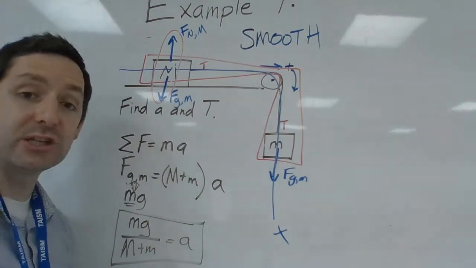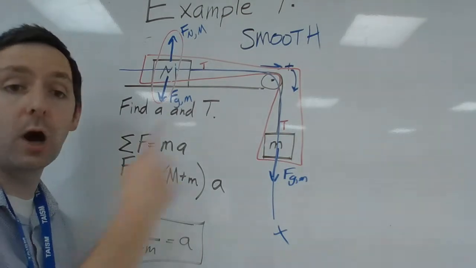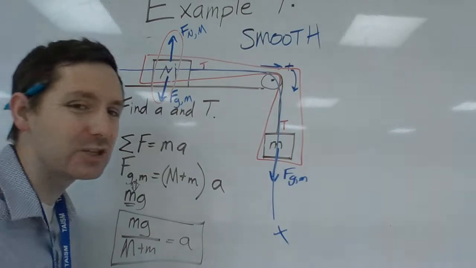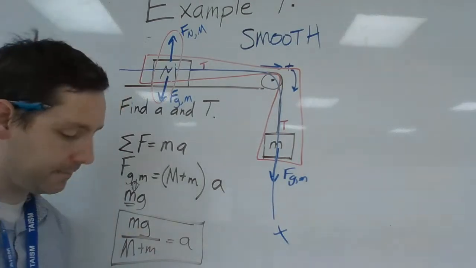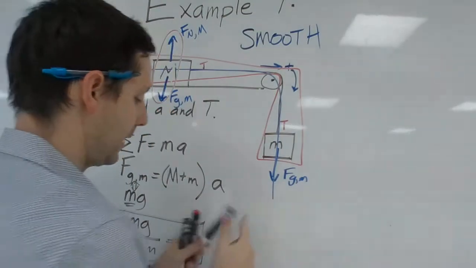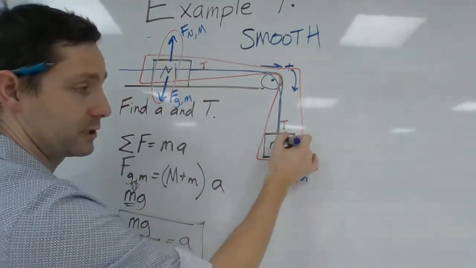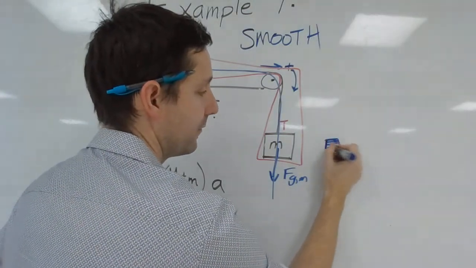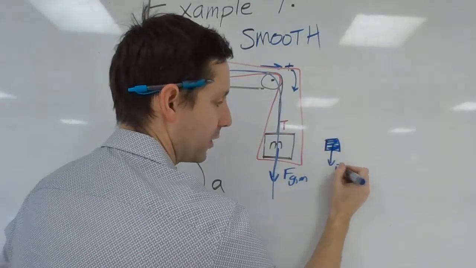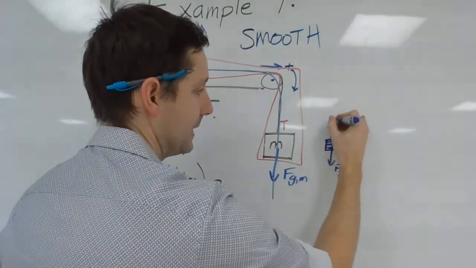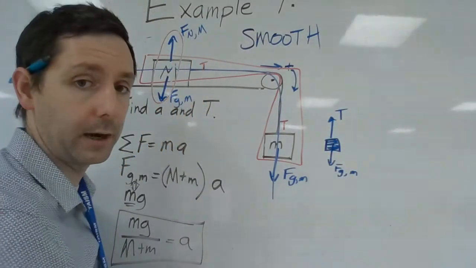So what we need to do is draw a force diagram on one of the two objects, either the big one or the small one. It does not matter. All right? And so here we go. We're going to get rid of that. We'll do a force diagram on this guy right here since I got space. So the forces are the force of gravity on the small guy and then tension, right?